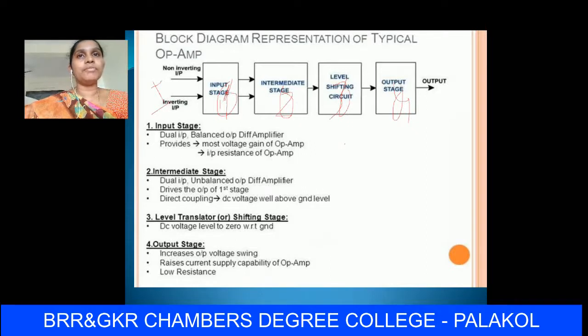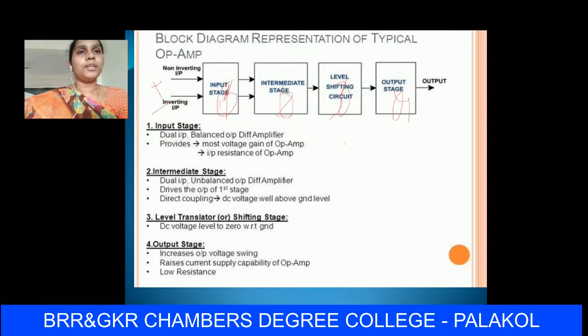Likewise, the differential amplifiers increase the gain level by level. Okay, so this is the block diagram of operational amplifier. In this operational amplifier, there are 4 stages.